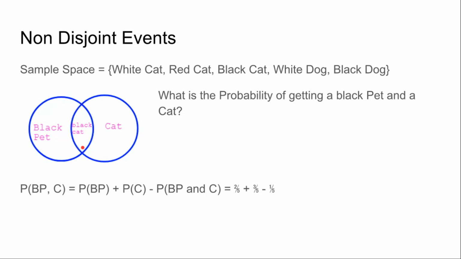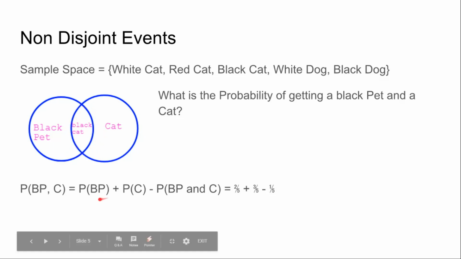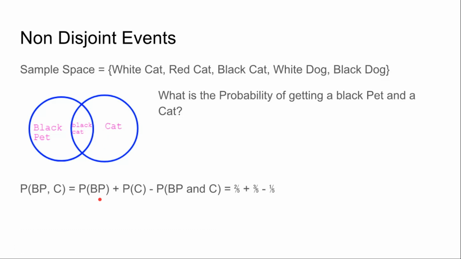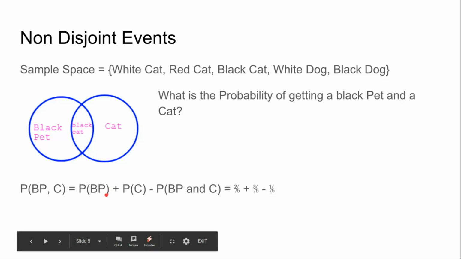You can see that black cat is both a black pet and a cat. So for non-disjoint events, we need to subtract this intersection. So the probability of getting a black pet or a cat is the probability of black pet plus the probability of cat minus the probability of black pet and cat, which is 2 by 5 plus 3 by 5 minus 1 by 5.